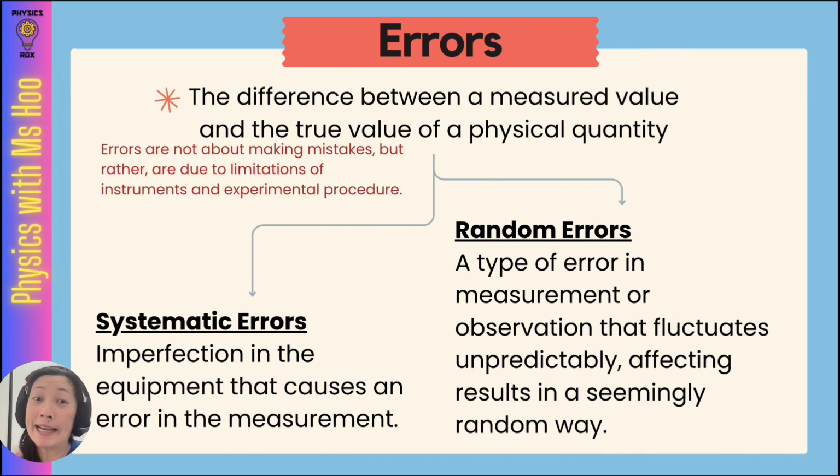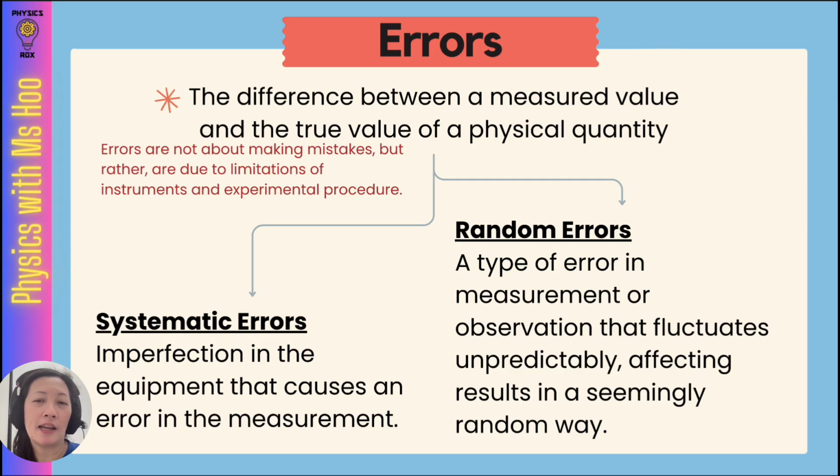So although, yes, in the English language, the word error means mistake, in the context of physics, error refers to the difference between a measured value and the true value of a physical quantity. So errors are not about making mistakes, but rather are due to limitations of instruments and experimental procedure.